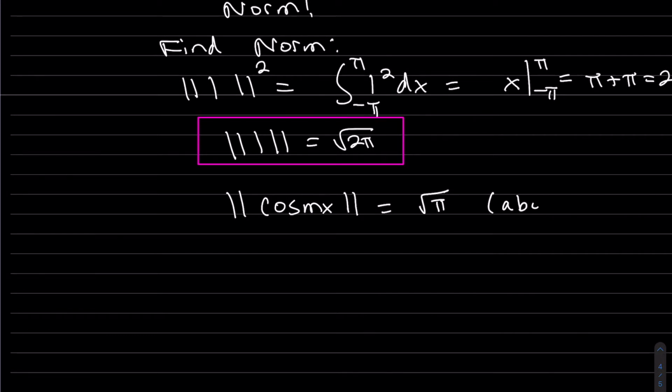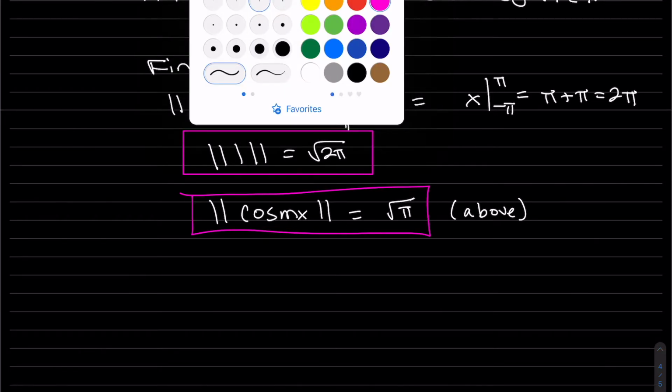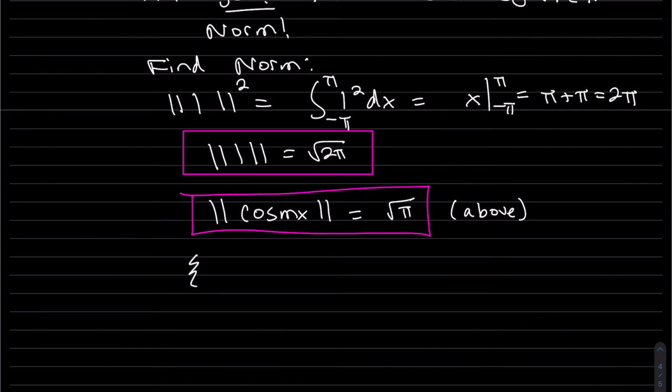I'll write it from above. We'll box it. So our orthonormal set is 1 over the square root of 2 pi, and cosine of mx over square root of pi.